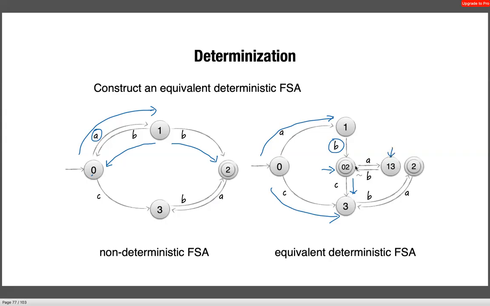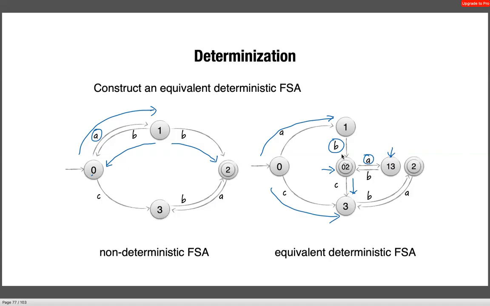And this is reached from {0, 2} on seeing the symbol A. Okay, and on seeing B from {1, 3}, you come back to {0, 2}. And similarly, you also have the state 2, which is just retained, which you can reach from 3 on seeing symbol B, and then you can see symbol A and then return back to 3.